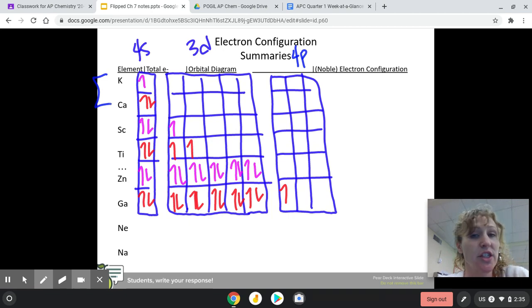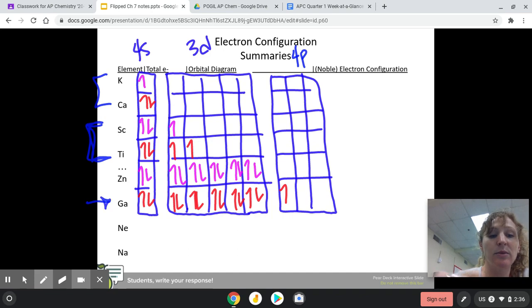And the difference is just the number of electrons in there. Notice the difference between scandium and titanium down here. Remember the 3d orbitals, just like the 3p or the 2p orbitals, they're degenerate. They're all the same energy level, so electrons will spread out through them if they can. And then notice that for gallium, you're going to add an electron for the first time into the 4p orbital.